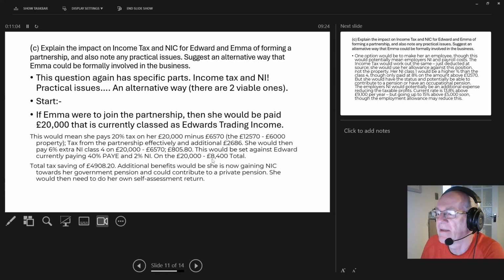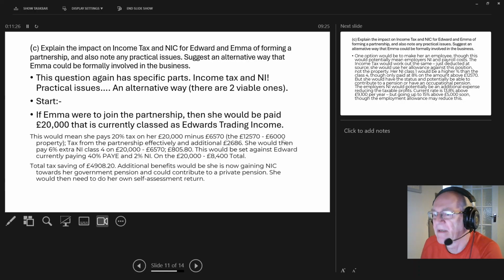I've got the £88,400 in there, tax he paid on that £20,000. So she would pay 20% tax on her £20,000 minus 6,570, because she's already got the £6,000 property income. Tax on the partnership is effectively an additional 2,686.